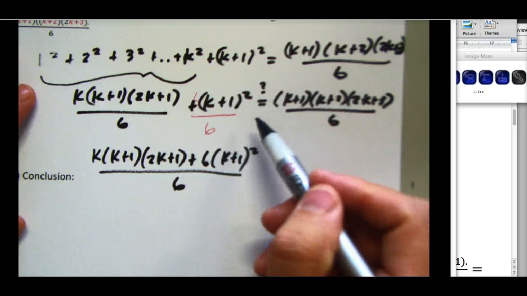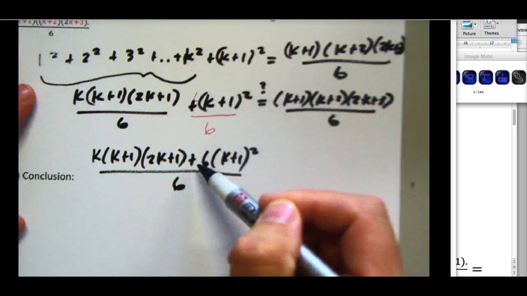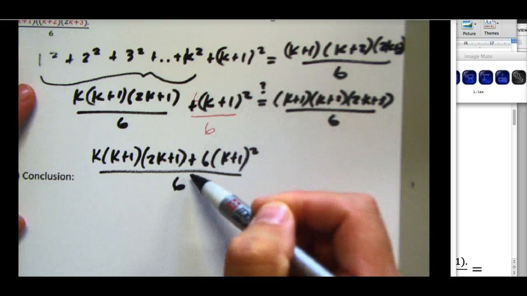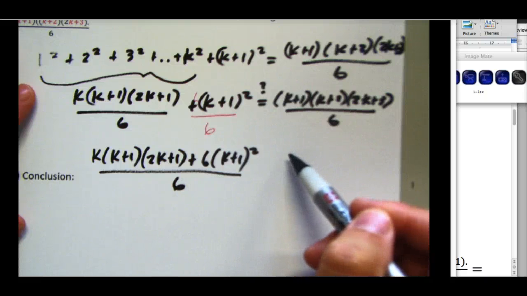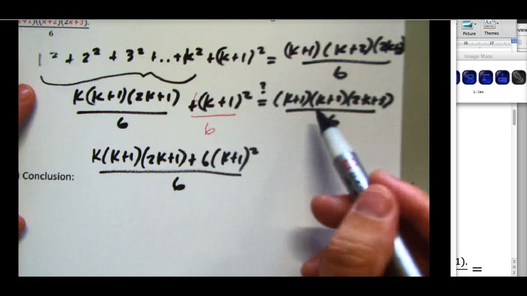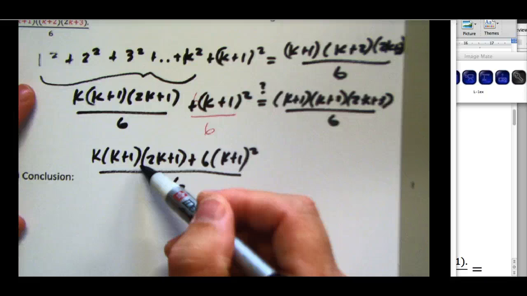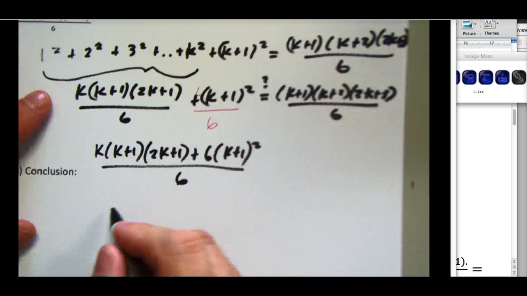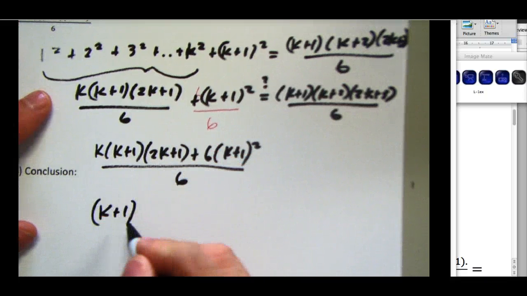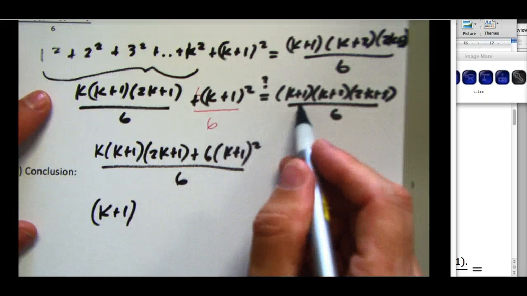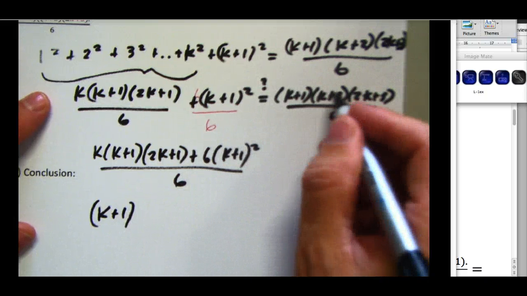So the first thing I did was I got a common denominator. Then I got this situation right here, all over 6, which is what I like over here. I try not to manipulate this side, so I have to make this side look like this side. Well, what's in common between this term here and this term here? Well, I see the k plus 1 is kind of screaming at me because I do have a k plus 1 over here that I do need.